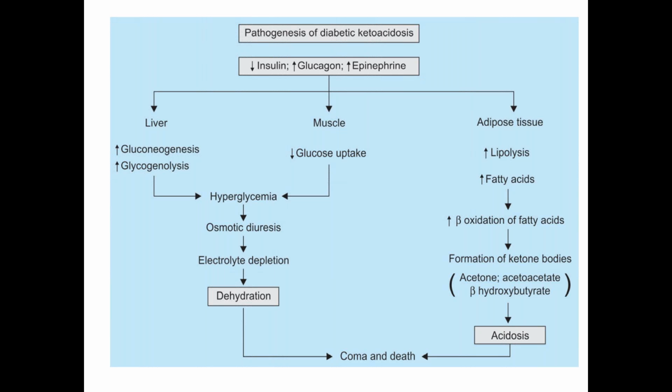These ketone bodies are increased in the blood, that is called ketonemia, and they are excreted in the urine, that is called ketonuria. These keto acids will cause metabolic acidosis, and this will cause ketoacidotic coma and death. This is the pathogenesis of diabetic ketoacidosis.